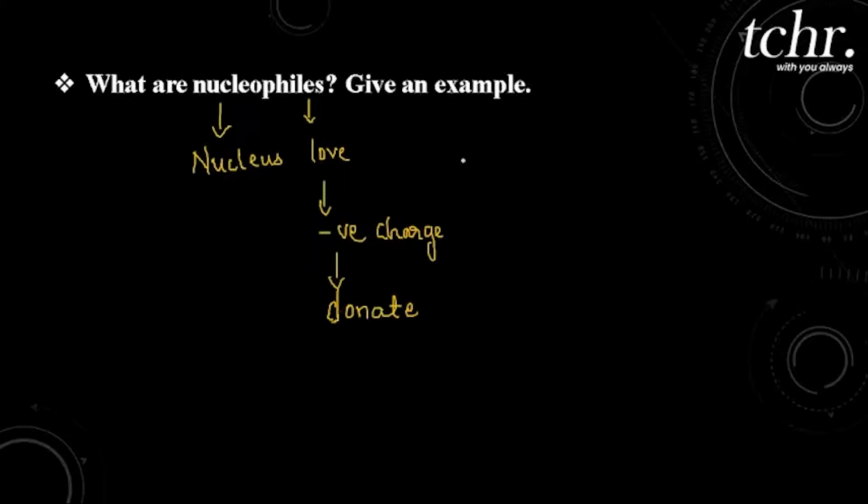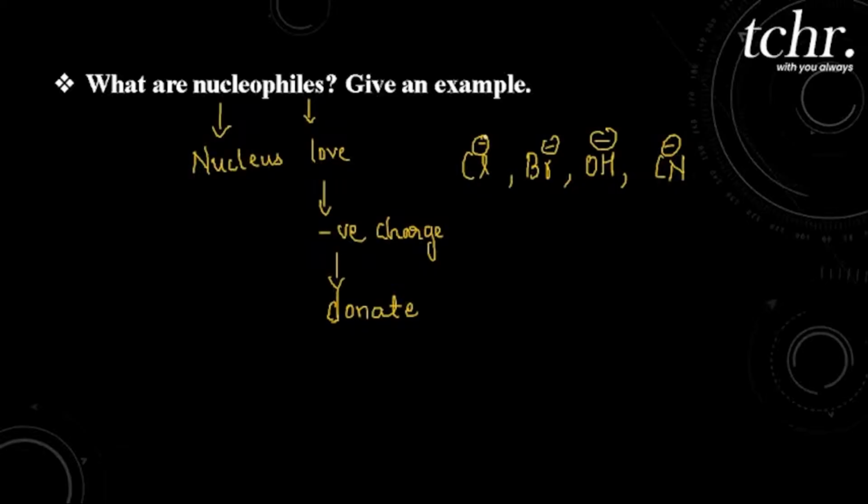So you can write a number of examples like Cl minus, Br minus, or OH minus, or CN minus. These are the electron rich species. See, negative charge on them, which can donate electrons to electrophiles. Is it clear, my dear students?